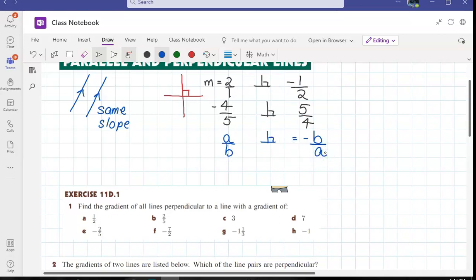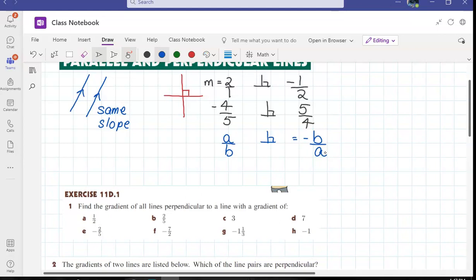Anybody want to tell me if I multiply those slopes together, what do you get? What's 2 times minus a half? Minus 1. Well, 1 is not the same as minus 1.